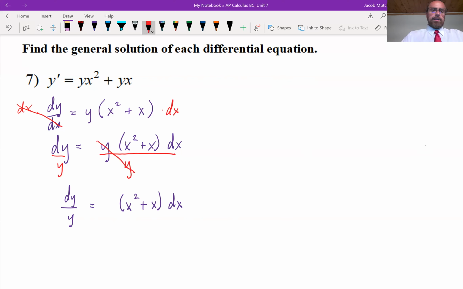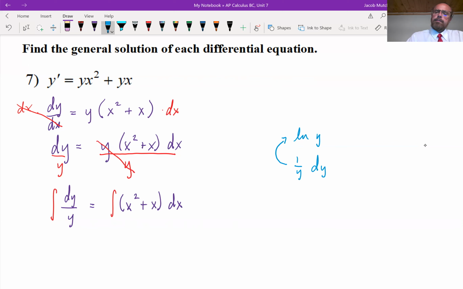Once I've got that the case, same as before, I'm going to integrate both sides. So integration there on the left, if I consider that I've got 1 over y dy, the antiderivative is definitely going to be the natural log of y.